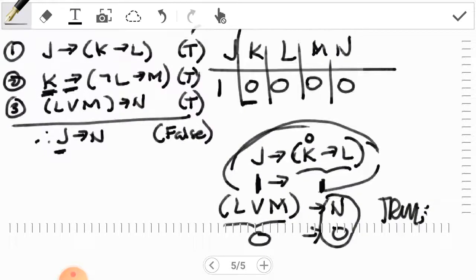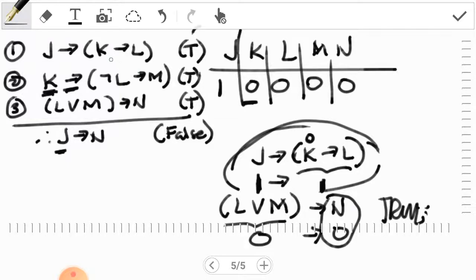Okay, so let's double check. Let's start from the conclusion. We're now looking at these entries here. J is true, N is false. Therefore, the entire conclusion is false. Go now to proposition 1. J is true. This is an implication.